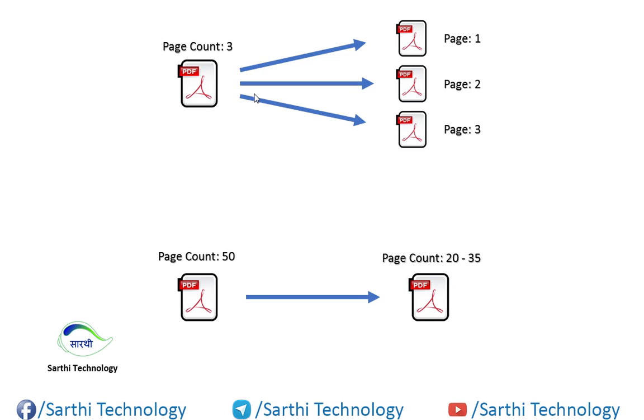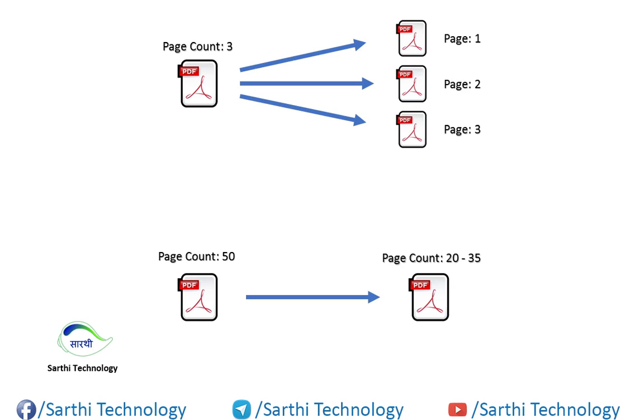The second scenario is, for example, we have one PDF in which we have 50 pages and we want to extract a range from this PDF and make only a single file.